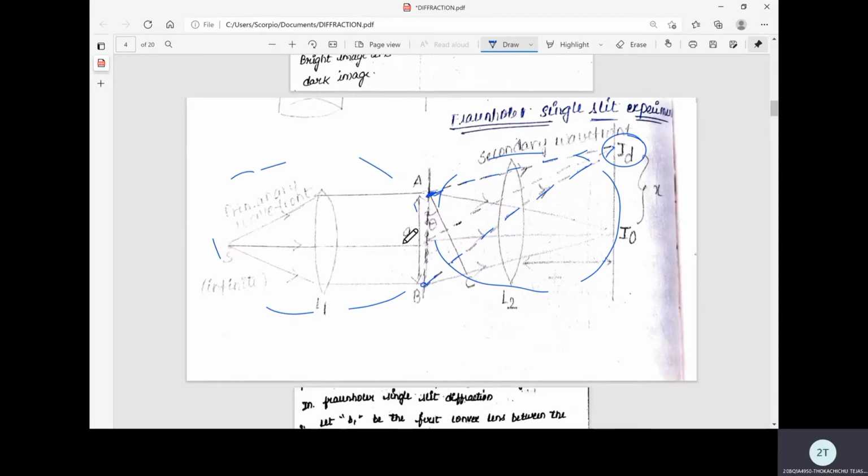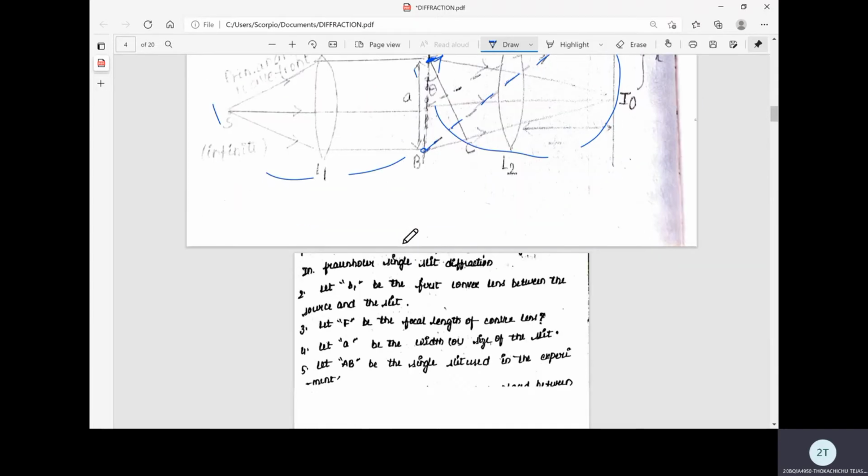This is the whole concept of the Fraunhofer single slit experiment, which shows how light rays from the infinite source, after passing through the convex lens and the slit, take different paths to form two images: an original image, and after diffraction, a diffracted image.